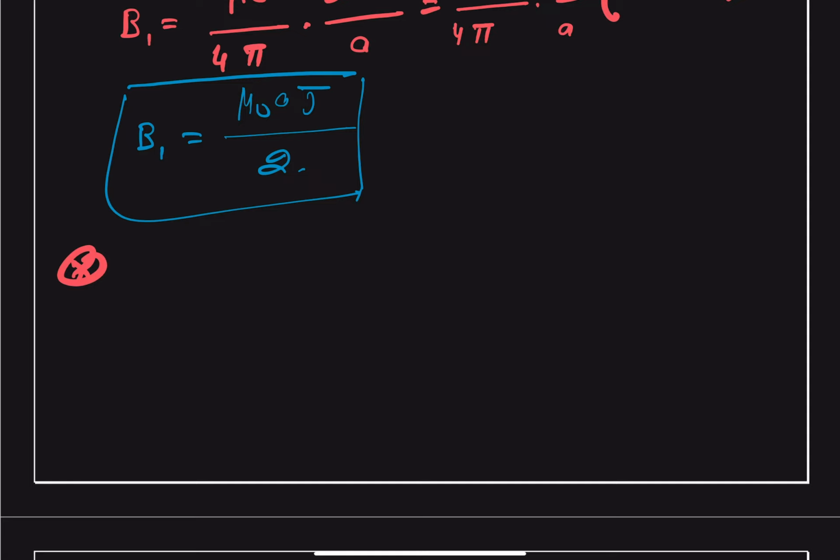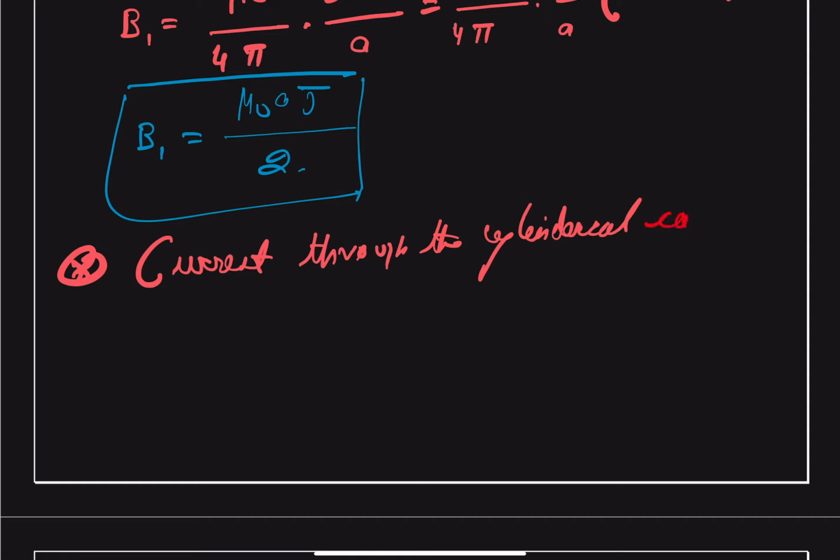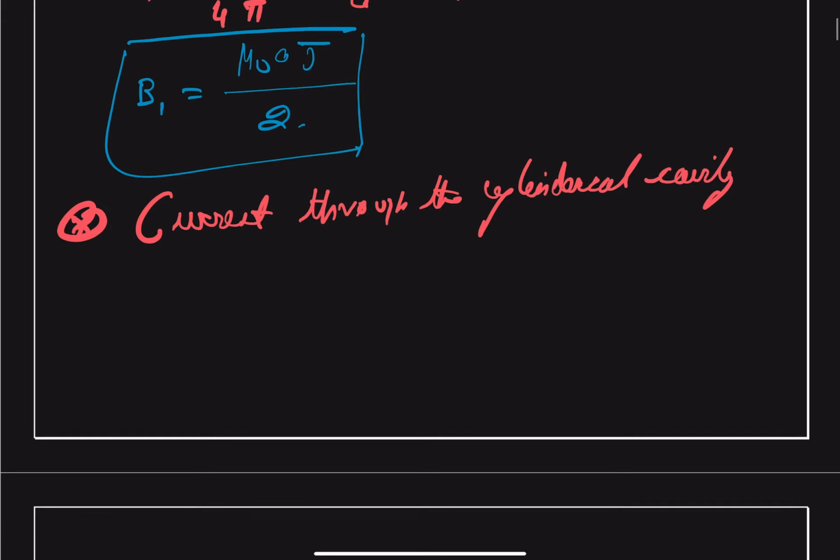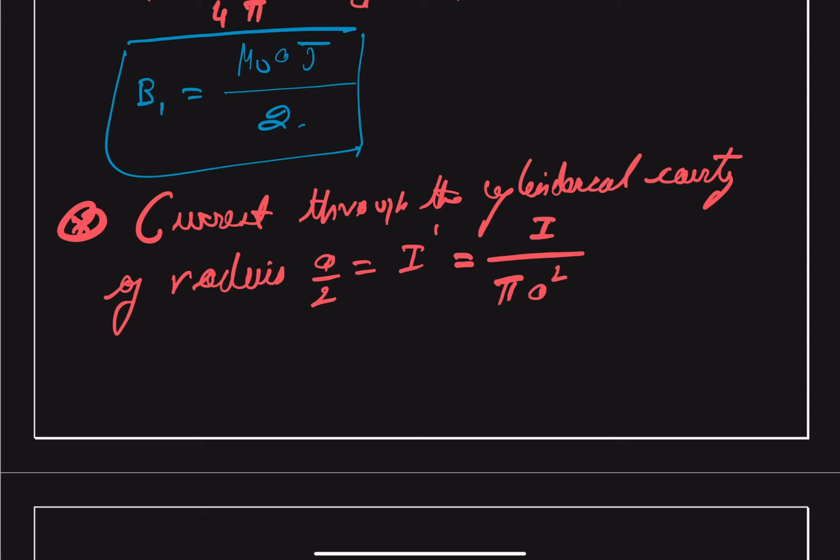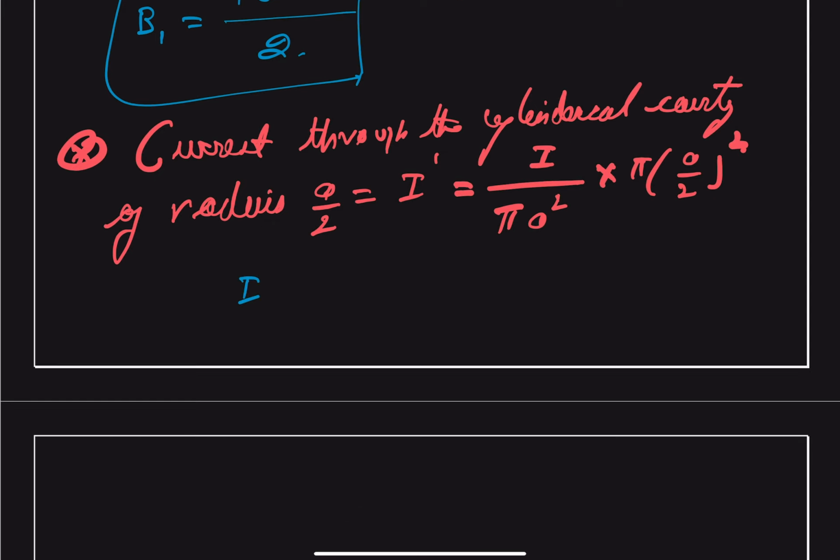We say current through the cylindrical cavity of radius A by 2, let us suppose it is given as I prime, and then this I prime will be equal to total current divided by total area multiplied by the area of the cavity, that is pi A by 2 whole square, and from here we get that I prime is equal to I upon 4.